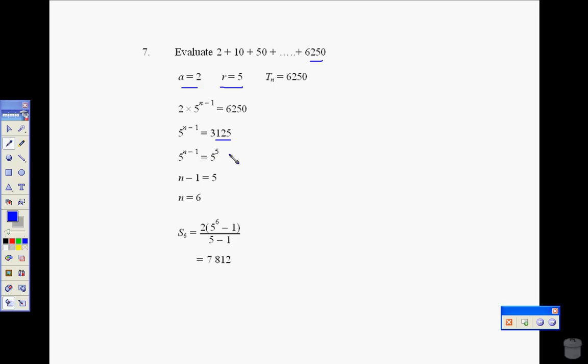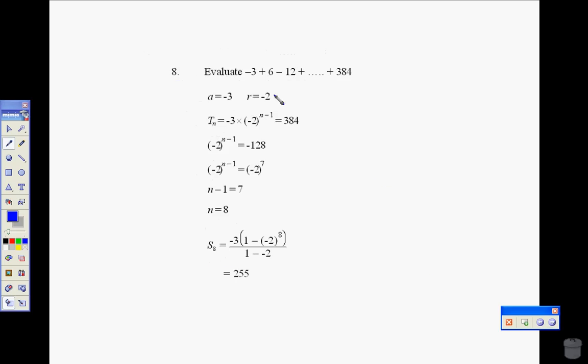We can play around and make a pretty educated guess that it's going to be around 5 or 6. 5 to the power of 5 is 3,125, and that means n minus 1 would equal 5. That gives n equal to 6, because our powers must be the same when our bases are the same. Then apply all those values to the formula, and you're able to calculate 7,812.